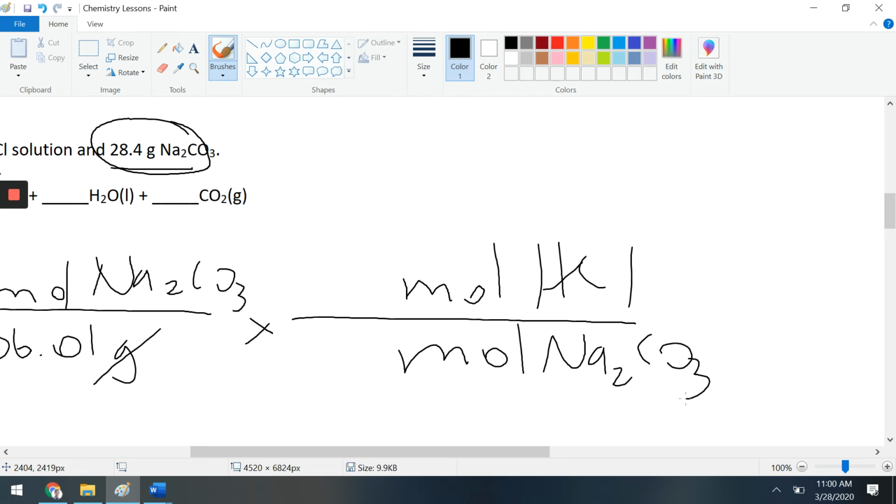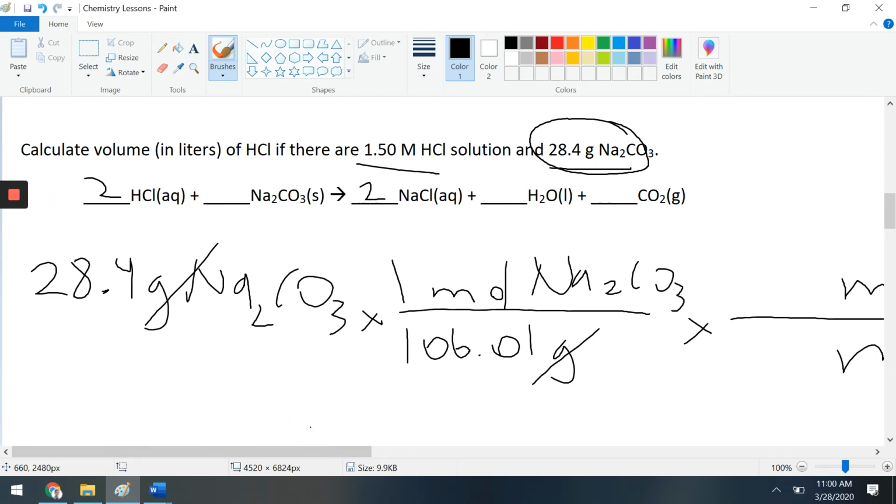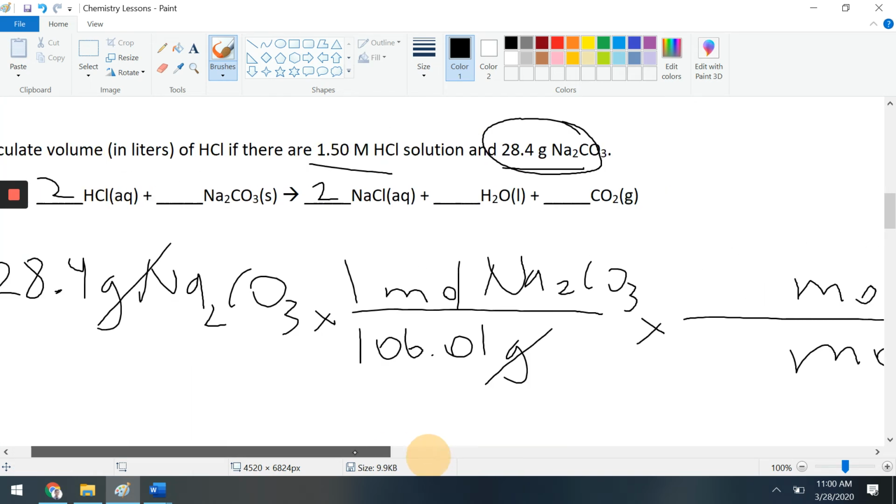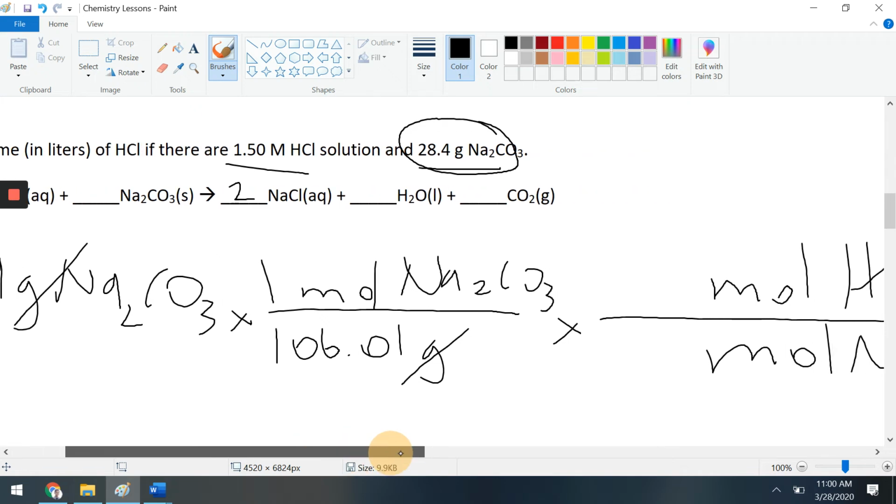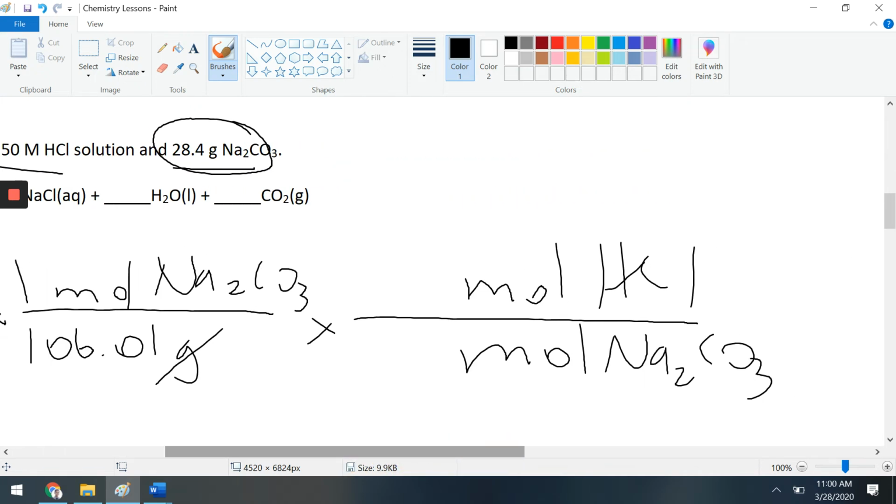Okay, I'm going to check my balanced equation. So it looks like we have how many moles of HCl? 2. And how many moles of sodium carbonate? It's going to be 1. So it's 2 on top, 1 at the bottom. Moles cancels out for sodium carbonate. Now we have moles of HCl.